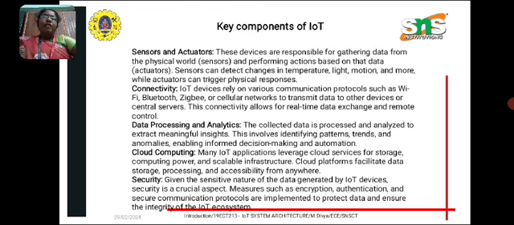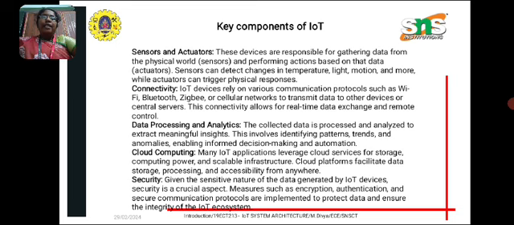Key components of IoT. These are the major components that are used for communicating with devices in IoT: sensors and actuators, connectivity, data processing and analytics, cloud computing, and security. Sensors and actuators are responsible for gathering data from the physical world using sensors and performing actions based on the data using actuators.